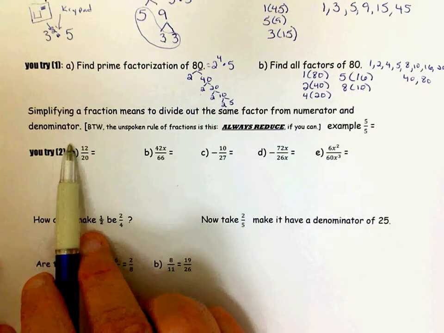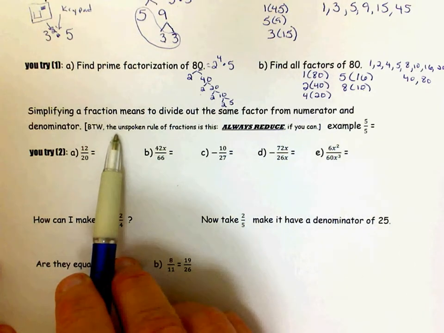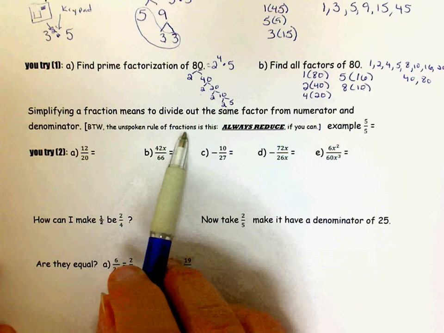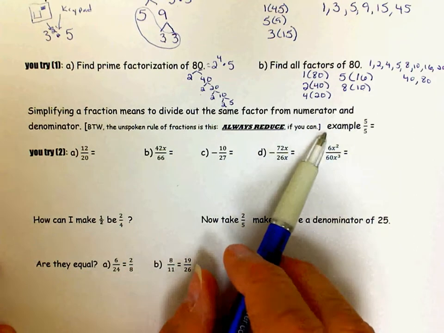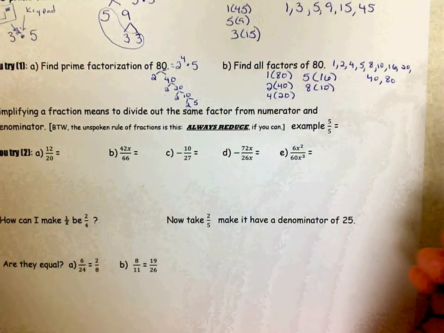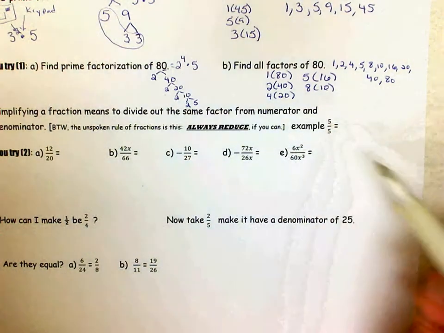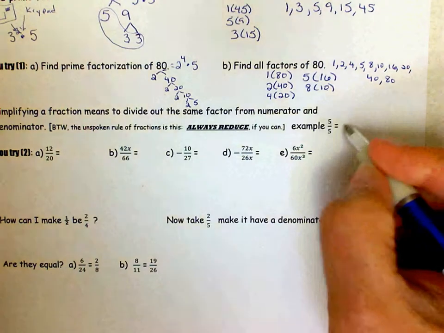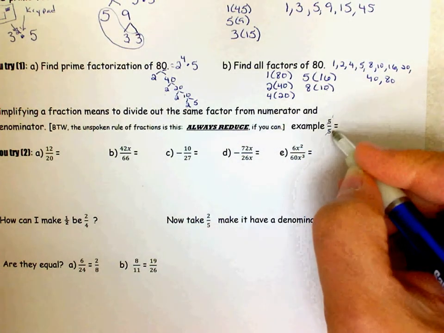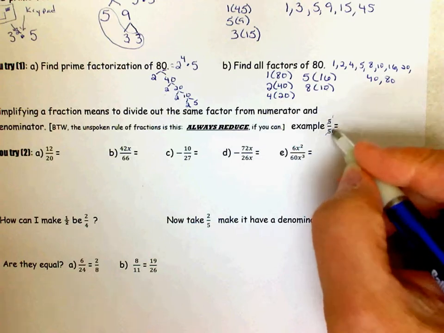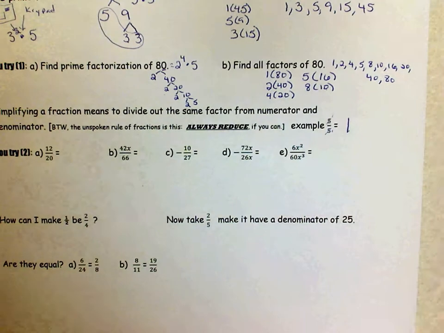By the way, the unspoken rule of fractions is this: always reduce if you can. For example, 5 divided by 5, they're the same. So 5 goes into 5 one time, 5 goes into 5 one time, and 1 divided by 1 is just 1.